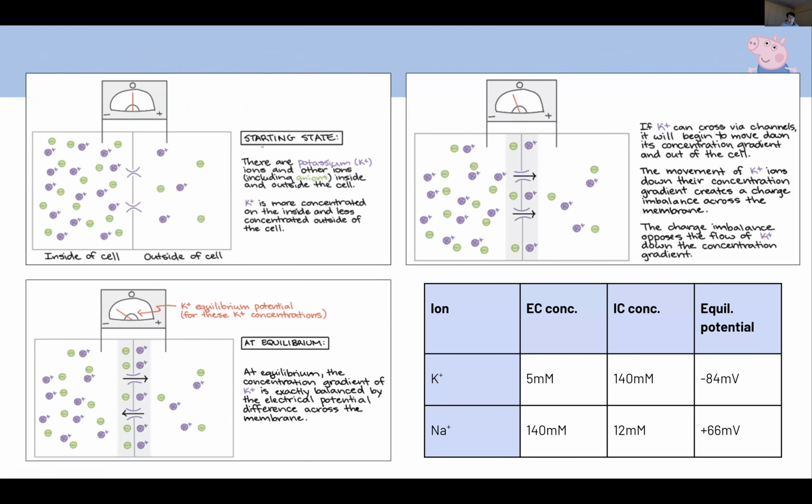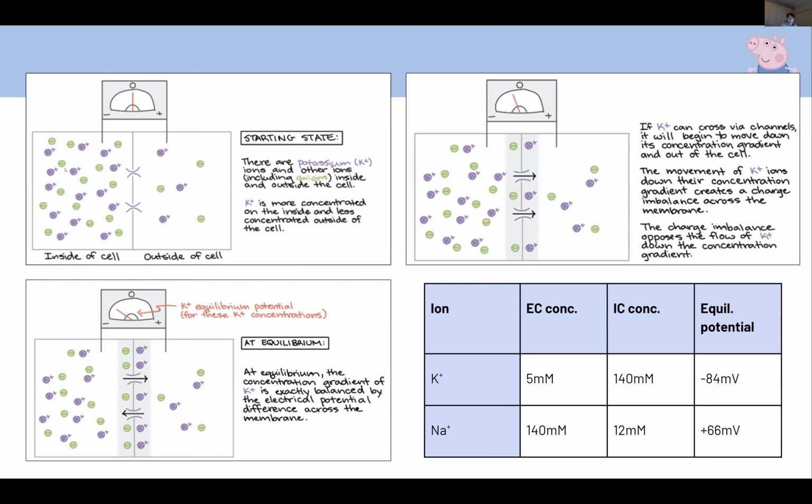So I've got a few diagrams here. In the first diagram, this is our starting state. Due to our active transport, we're going to have more potassium ions inside the cell than outside of the cell. But each potassium is balanced with an anion, and so our membrane potential is going to be zero.